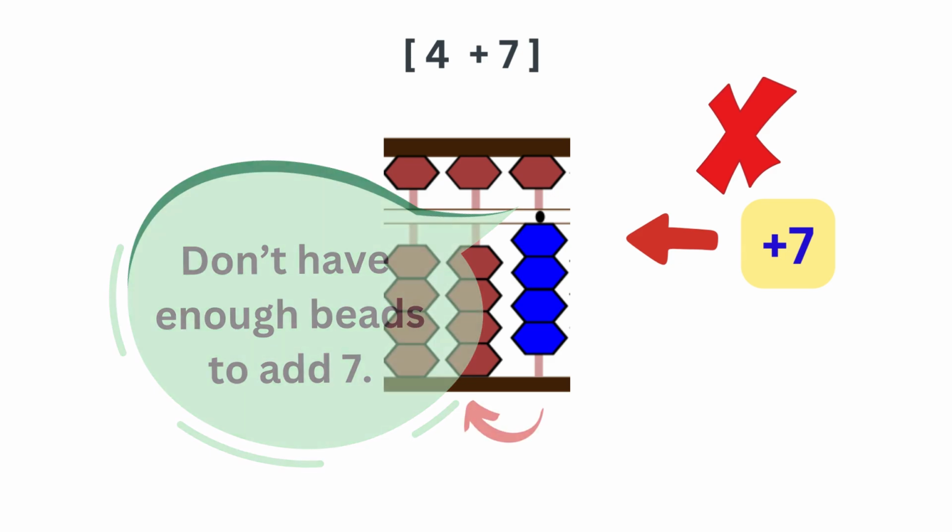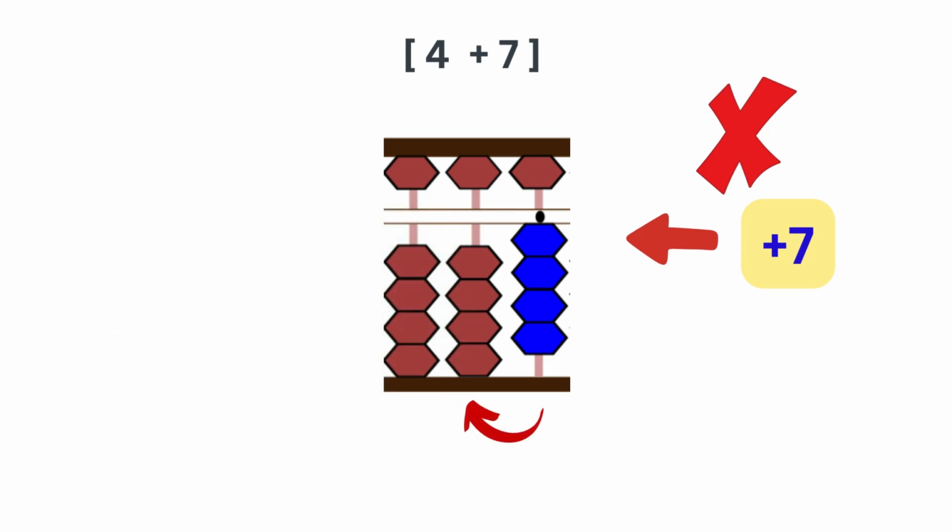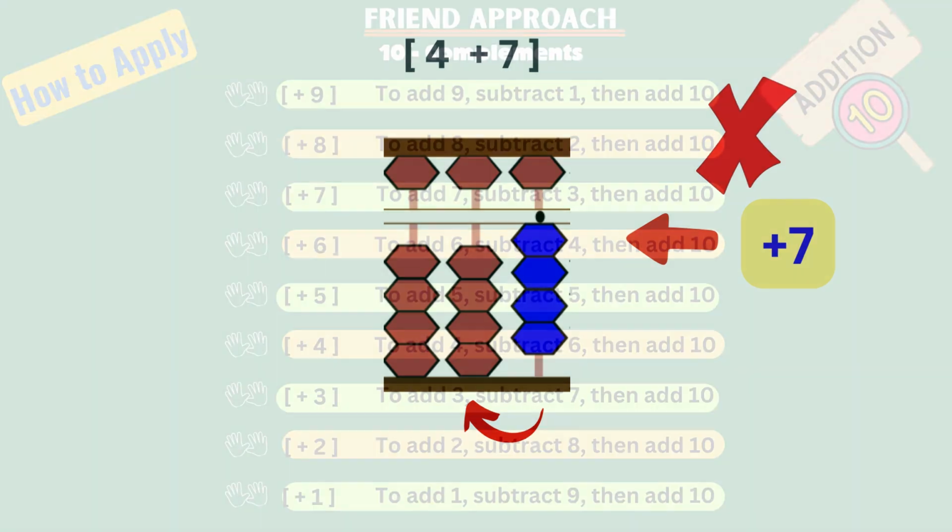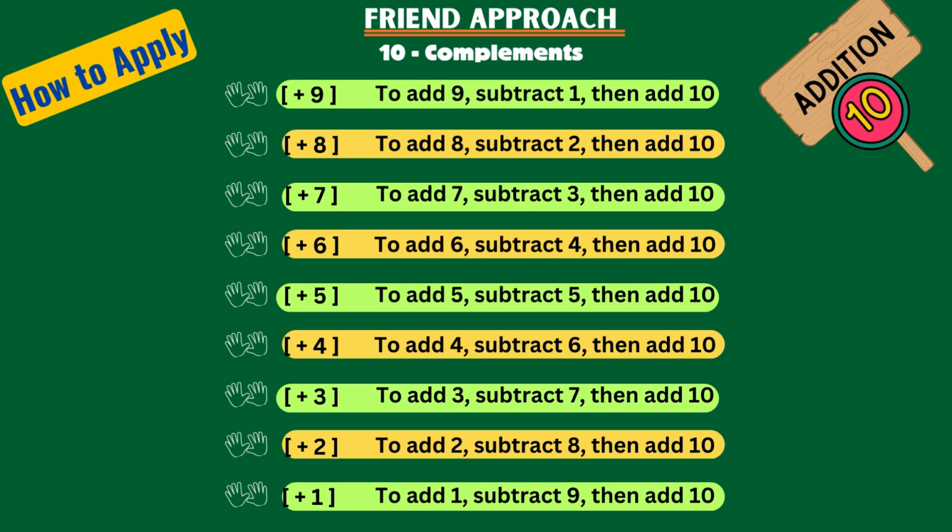So, we need to carry over to the next digit, making it 10. Next, we refer to the formula table. To add 7, we use the add 7 formula. According to the formula, to add 7, we subtract 3 and then add 10.